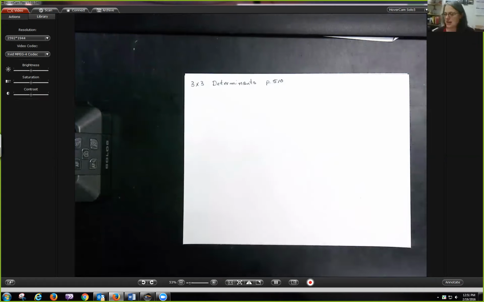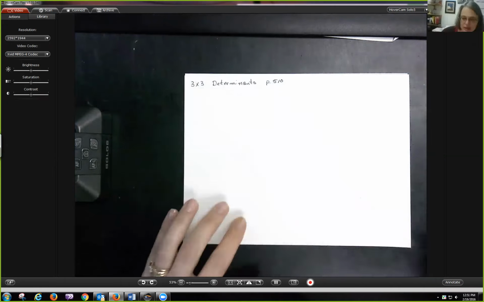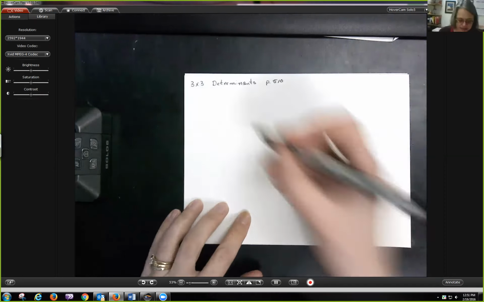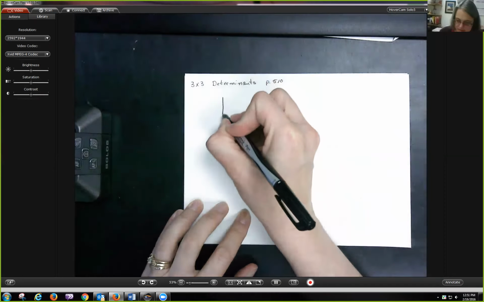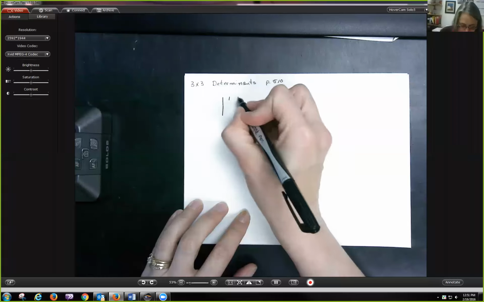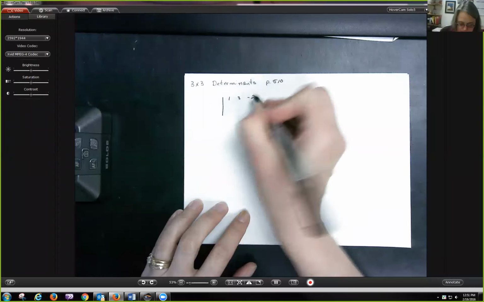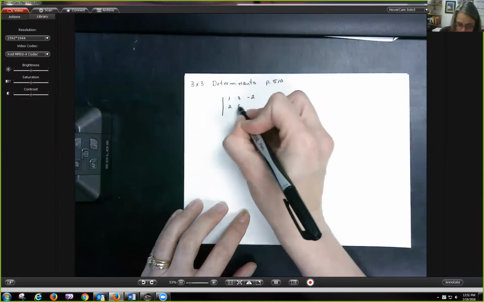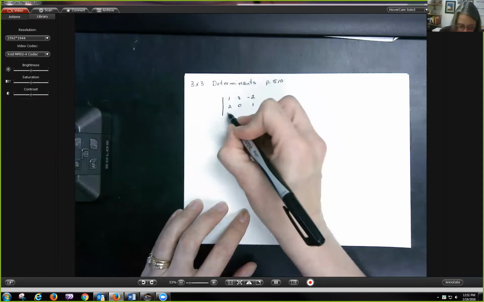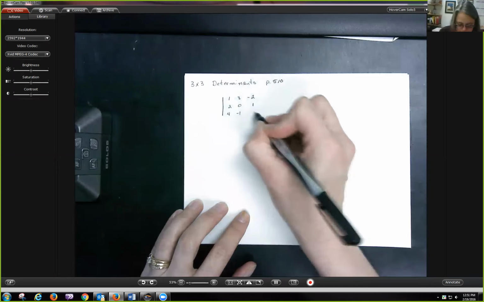So let's take a 3 by 3 matrix. And we're going to find the determinant of this matrix. 1, 3, -2, 2, 0, 1, 4, -1, 1.